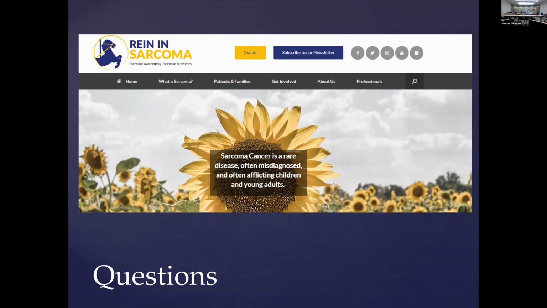So alveolar rhabdo is usually, it's called alveolar because under the microscope, to the pathologists, they look like lung. It doesn't have anything to do with lung. It's a subtype of rhabdo. It's worse, and it's usually on the extremities. It can be anywhere, but it's a worse type of rhabdomyosarcoma. Is that your question?